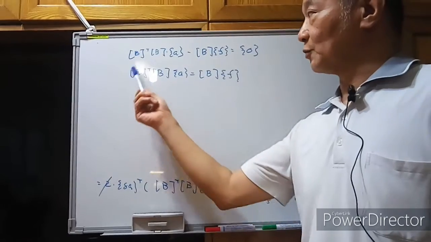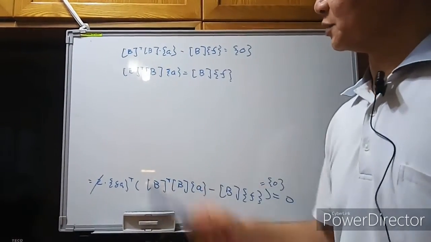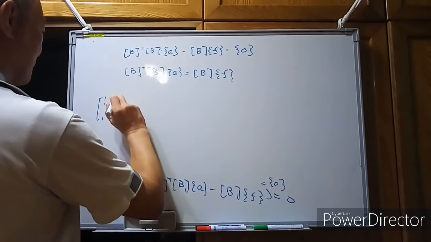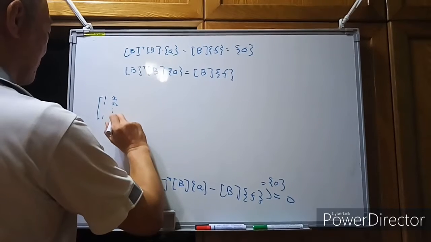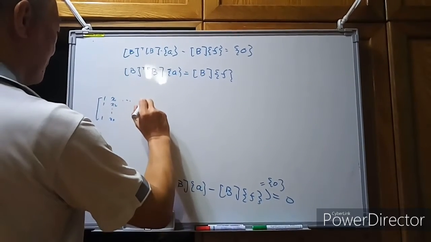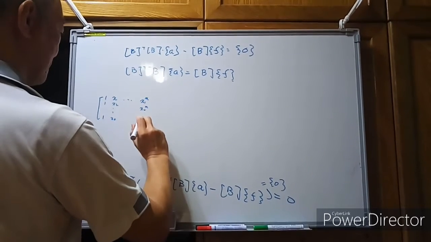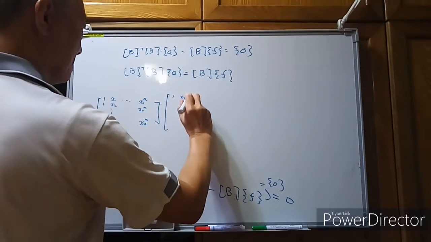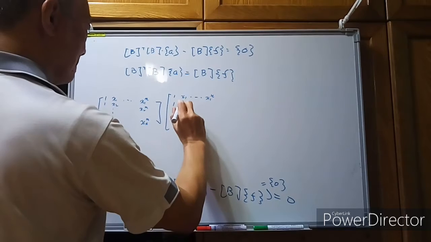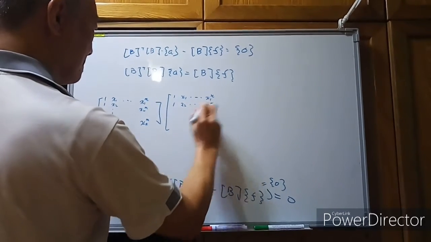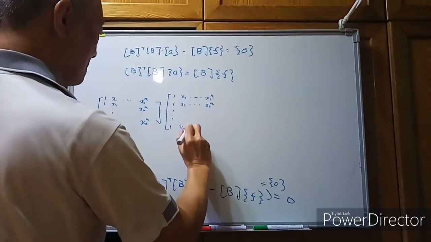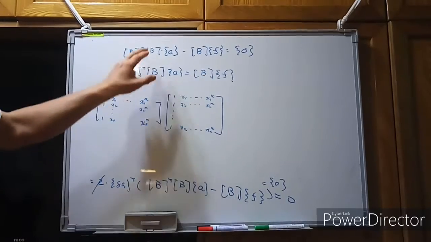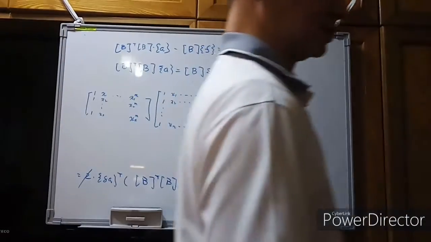And if you multiply these two together, you will find the B transpose B, which is the coefficient matrix for this set of simultaneous equations.